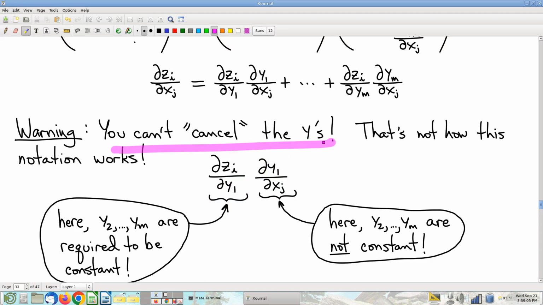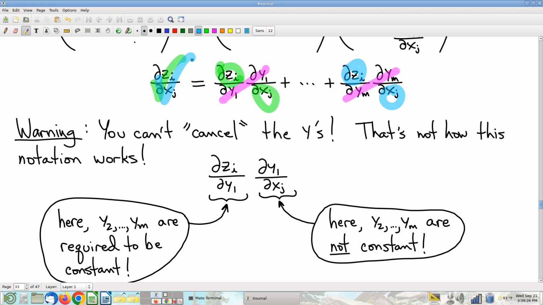And I'm going to give you two reasons. One good reason, one not so good reason. The not so good reason is the easiest. If you were to do that in all of these terms, notice you'd get partial zi, partial xj a bunch of times. On the right-hand side, you'd get m different copies of partial zi, partial xj, which is just not the right answer.